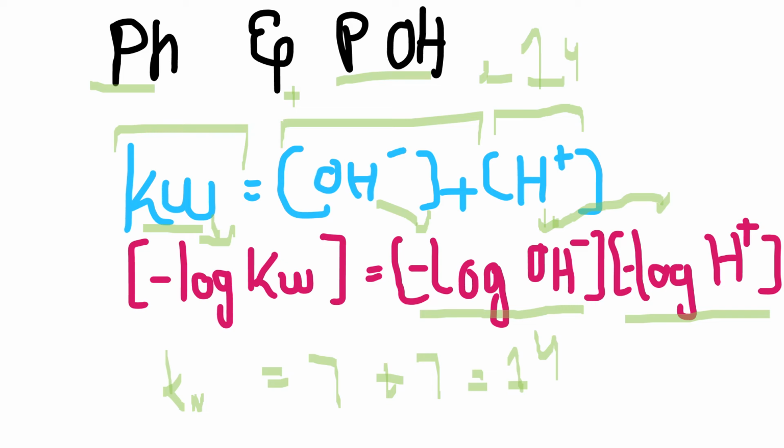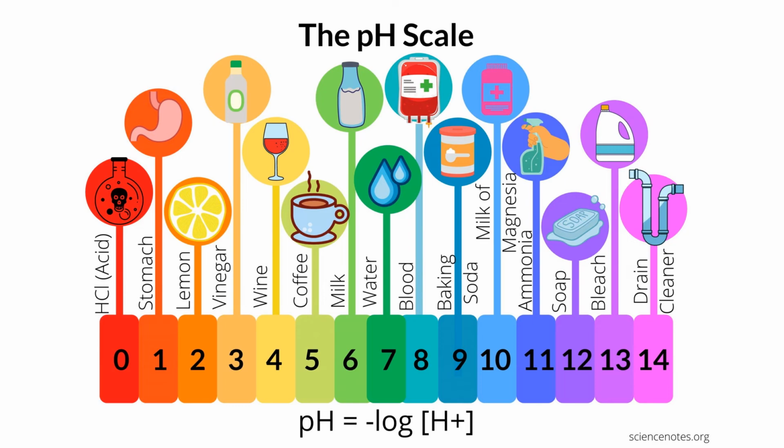Simple, isn't it? Now, the thing that we noted is that bases are always greater than 7 and acids are always less than 7. Let's have a look at that. In this chart you can see that 7 is neutral. In the neutral part there is only one thing, and that is water, which reacts with both acids and bases.